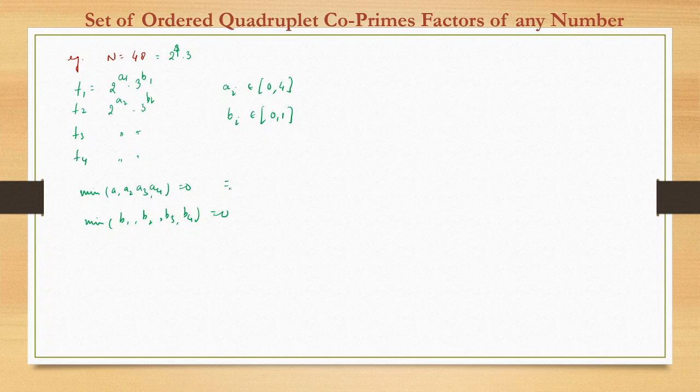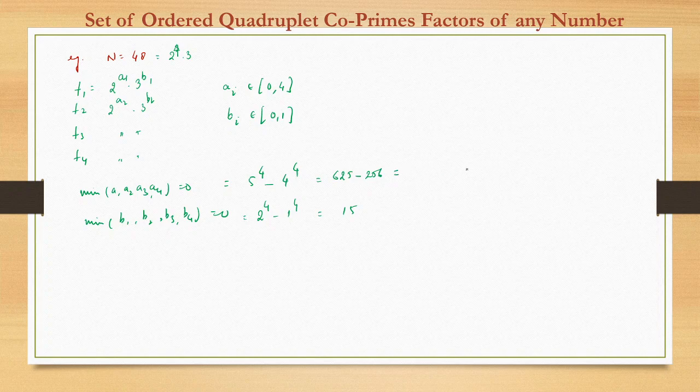So AI can take a total of 5 values: 5 raised to power 4 minus 4 raised to power 4, and here it can be 2 raised to power 4 minus 1 raised to power 4. So this is nothing but 625 minus 256, and this is nothing but 15, right?